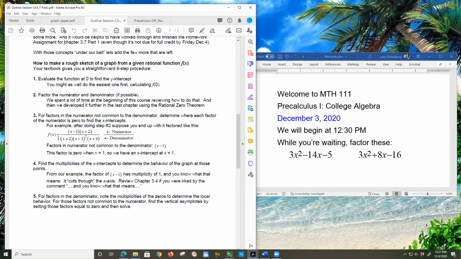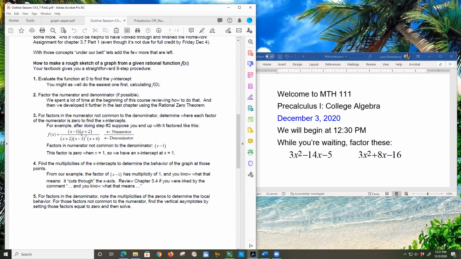Factors means they're multiplied together, and things that are multiplied together can actually divide out. So this x minus 2 could be divided by this, and that would equal 1, and this would simplify. But when that happens, then instead of having a vertical asymptote at x minus 2, you're going to have a hole.